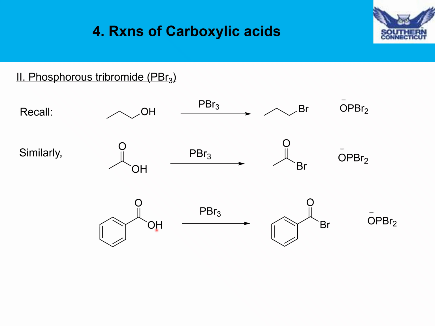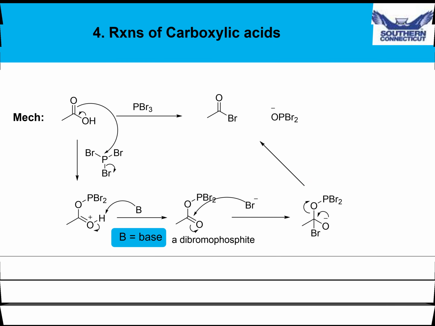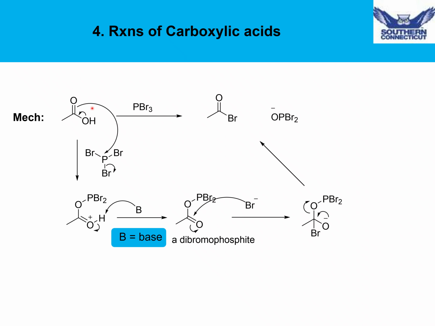Benzoic acid can also be converted into benzoyl bromide by using phosphorus tribromide. Here's one more example with acetic acid. If we add PBr3, it will be converted into acetyl bromide.